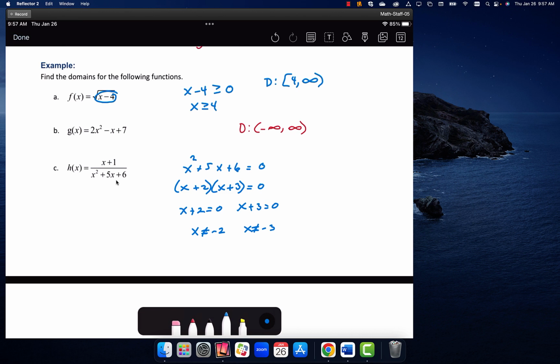The way we write our domain in interval notation, -infinity up to -2 with a union, -2 to -3, union -3 to infinity. So notice we're including everything except for -2. We skip -2 and we also skip -3. Everything else is part of your domain.